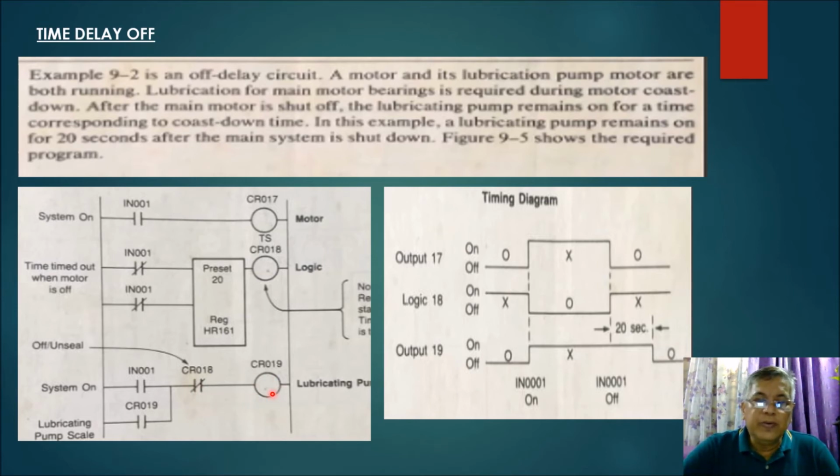Now, what will happen is that since both CR17 and CR019 are turned on, when input 001 is released, it is a push button, so when you release it, automatically CR17, which is your motor, will shut down or de-energize. Whereas CR019 will remain turned on because of the seal of your CR019, which is your internal contact.